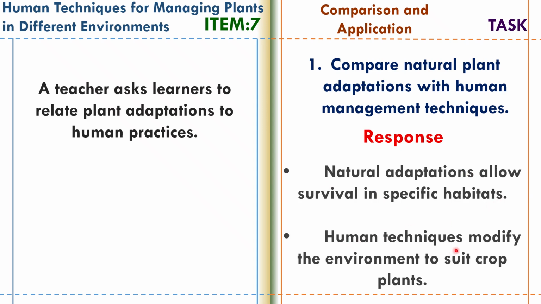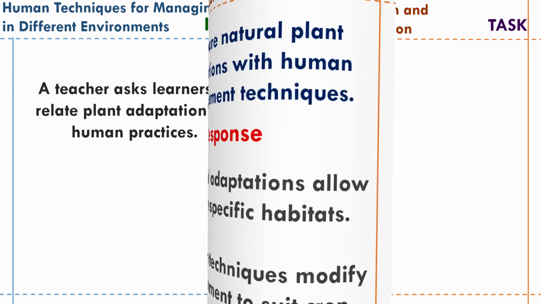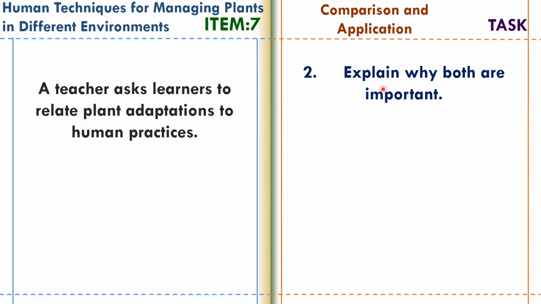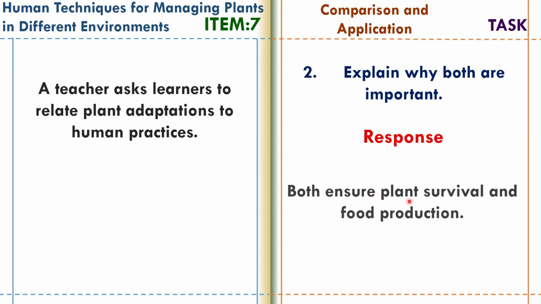Human techniques modify the environment to suit crop plants. Explain why both are important. Both ensure plant survival and food production.